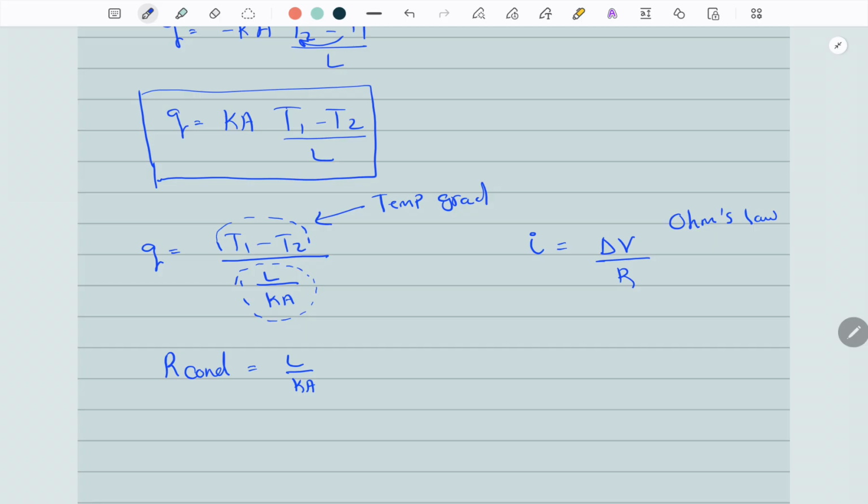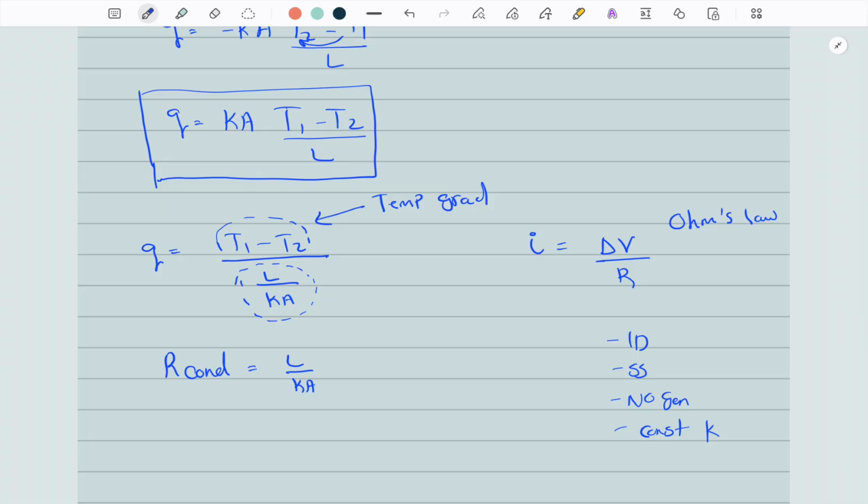Again, this can only apply if the four assumptions we assumed on top hold, which are one-dimensional, steady state, no generation, no heat being generated, and constant thermal conductivity.